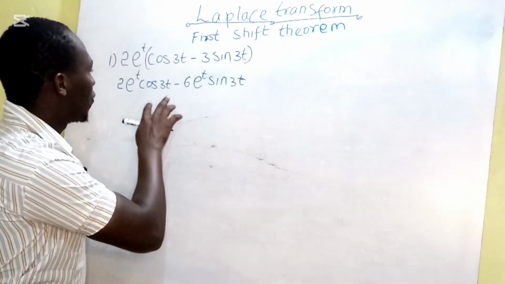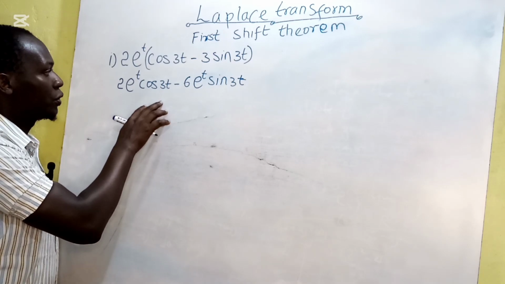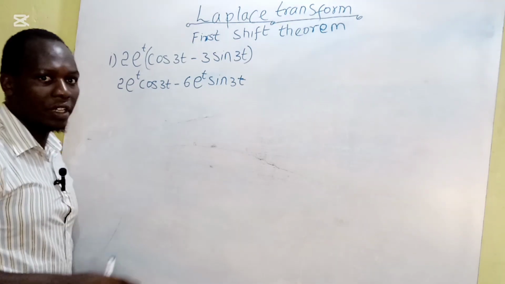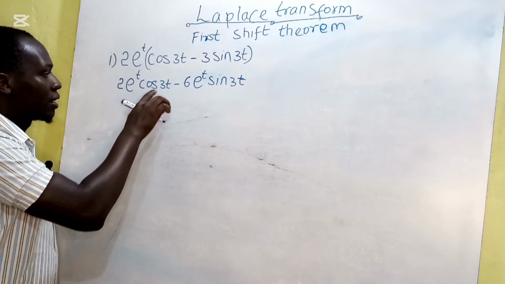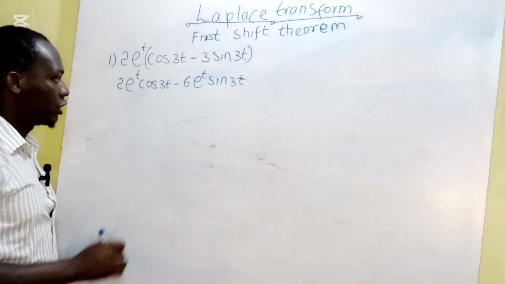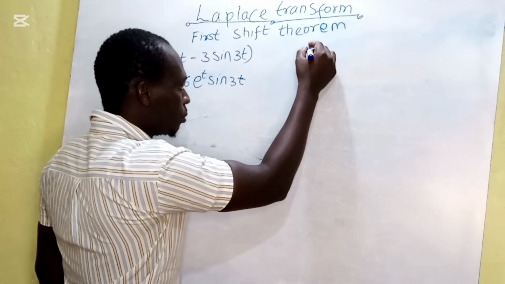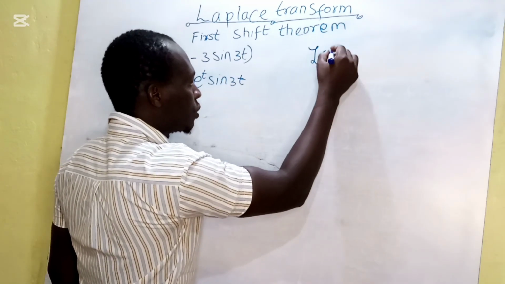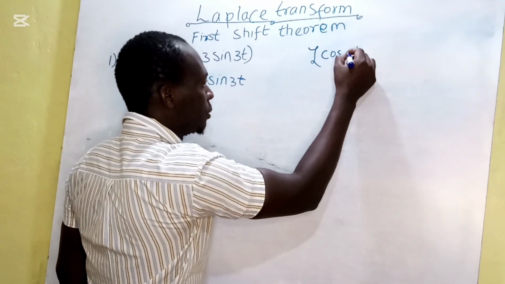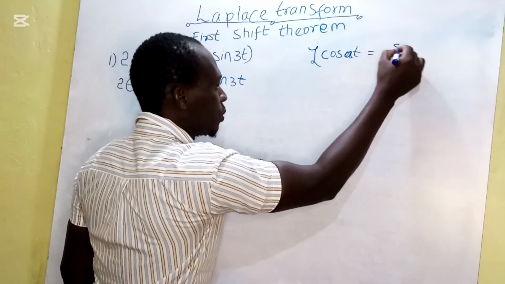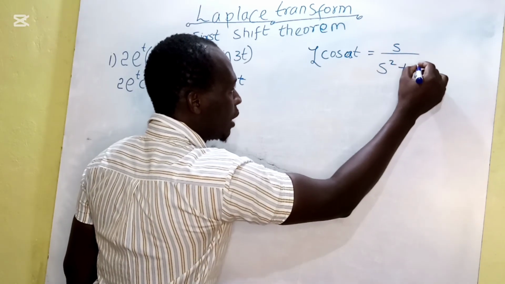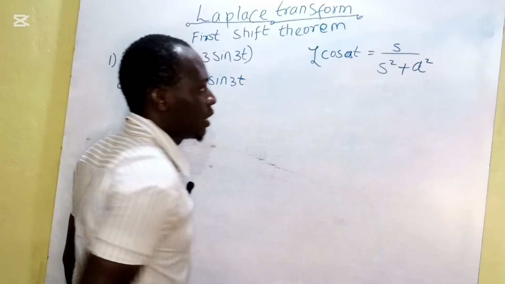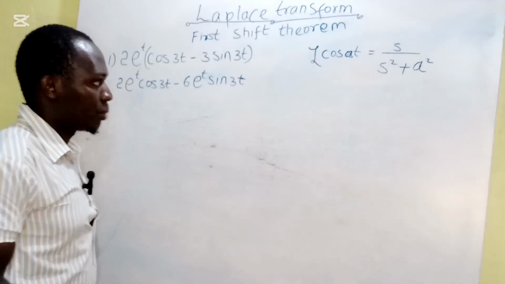And when it comes to a function like this, the first thing that we need to understand is that we must first get the Laplace transform of cos 3t. We understand that cos at is equals to s all over a squared we add to a squared from the first principle.